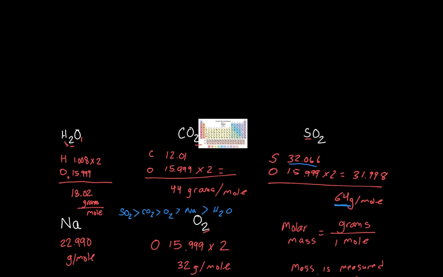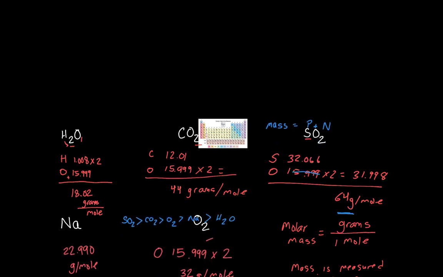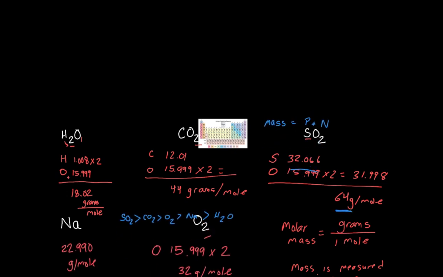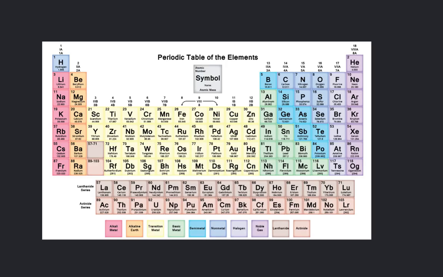And if you remember, what is mass equal to? Mass is equal to the protons plus the neutrons, right? So if you take a look at this on the periodic table, sulfur has a molar mass of 32.